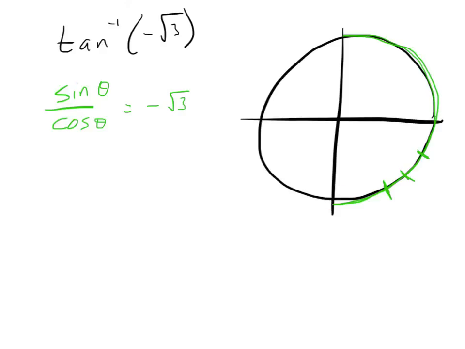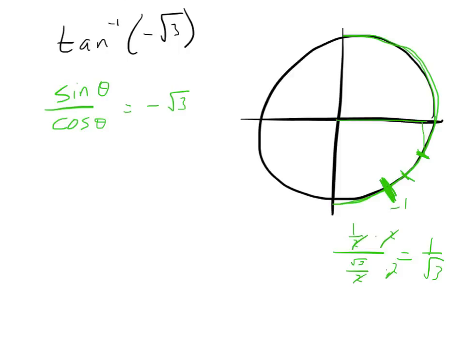So you can imagine, if I were to pick this one here, the sine value is 1/2, and the cosine value is root 3 over 2. That would give me 1/2 over root 3 over 2. If I multiplied by 2, those would cancel. But in short, I'm going to end up with a 1 over root 3, which is not what I'm looking for. So the angle I'm looking for must be this one here.